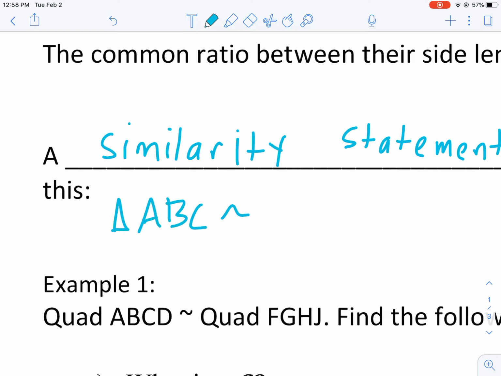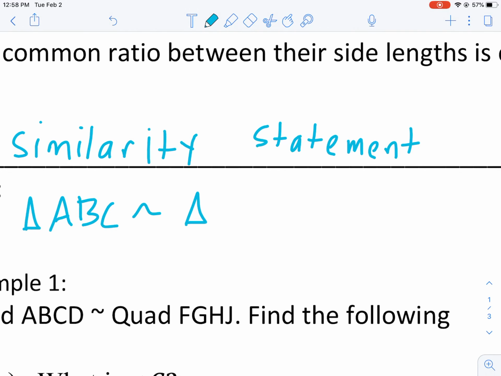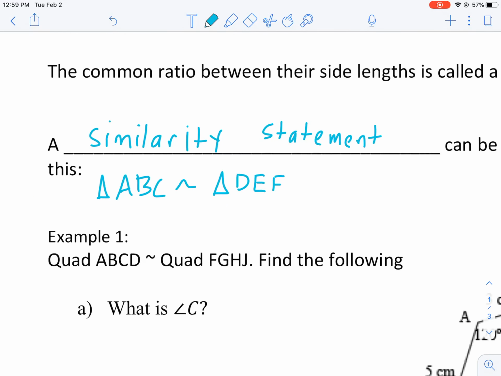This symbol right here, that means similar, all right, the tilde. We could say, triangle ABC is similar to triangle DEF, all right? And it matches everything up the same way that congruent statements do. So angle A and angle D have to be the same, angle B and angle E have to be the same, and angle C and angle F have to be the same, okay?